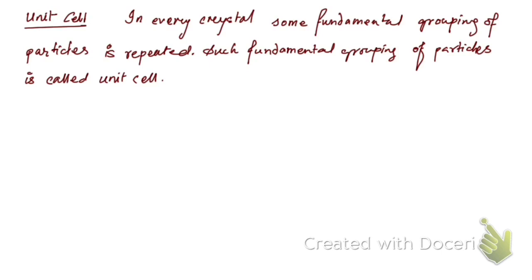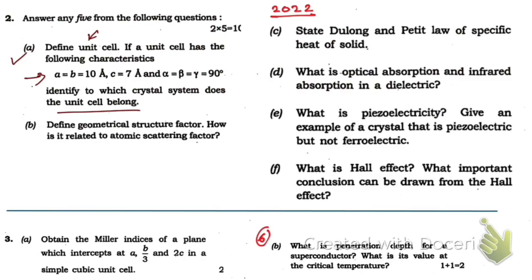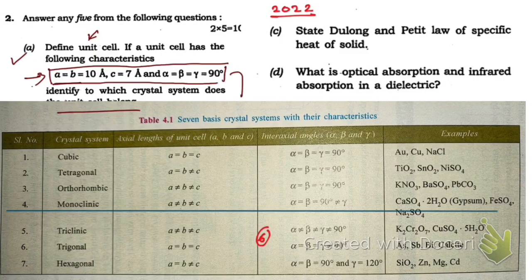Now what is the next part of the question? These are the information given, information of a unit cell. We need to answer which type of crystal this unit cell belongs to. To answer this question, check this table here.